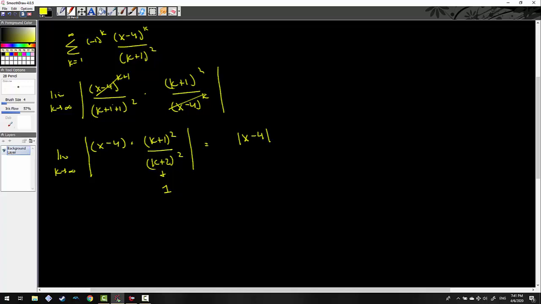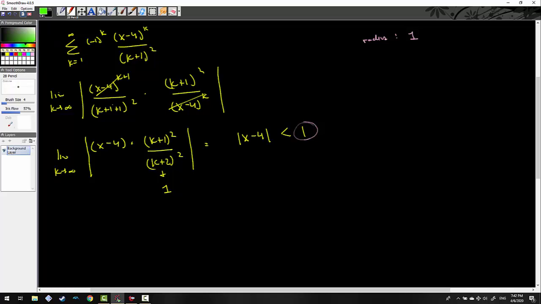So I'm going to have to go ahead and set him to be less than 1 so that I can solve for my x domain, or my interval of convergence. Once you get this far here, your radius of convergence is going to be 1. And that's because of this guy. Now, if you're wondering, well, isn't it always 1 then, because you always set it less than 1? That's not true. And we will see an example of when that actually doesn't happen.